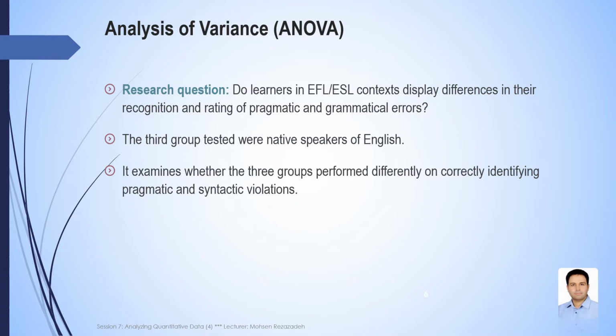And here we want to examine whether these groups perform differently on correctly identifying pragmatic and syntactic violations or not. Can they in fact correctly identify these errors or not?